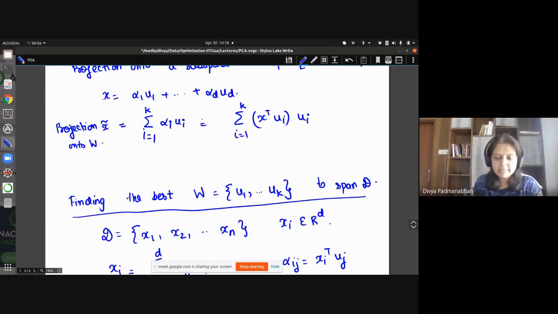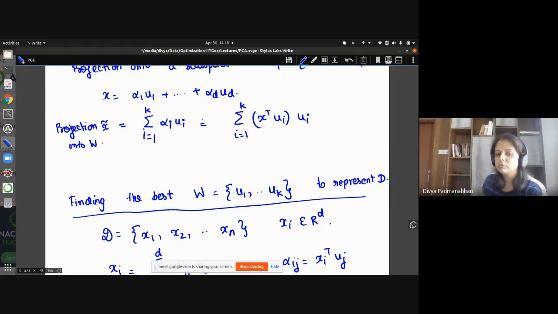You want to find the best subspace to represent the data in the best possible way. I'll come to what that means. So this is the problem. If you're given the vectors u1 to uk, you know how to find a projection, but now the focus is on finding these u1 to uk themselves.